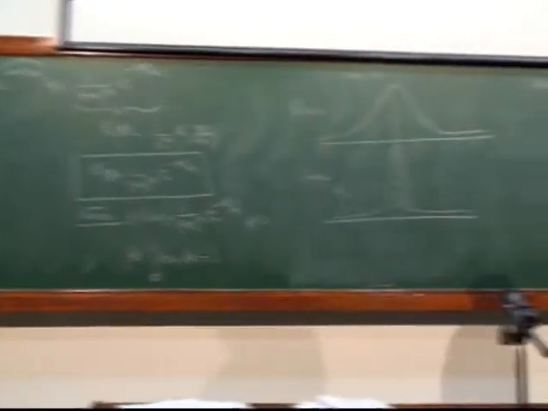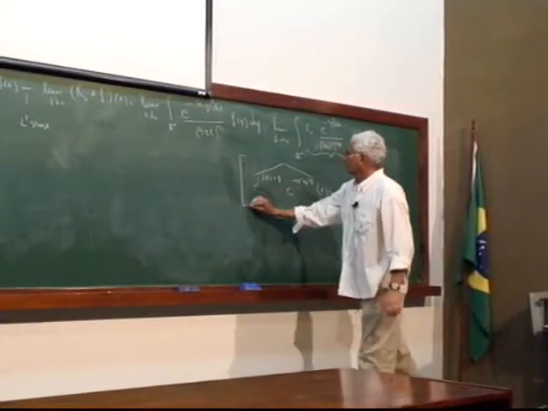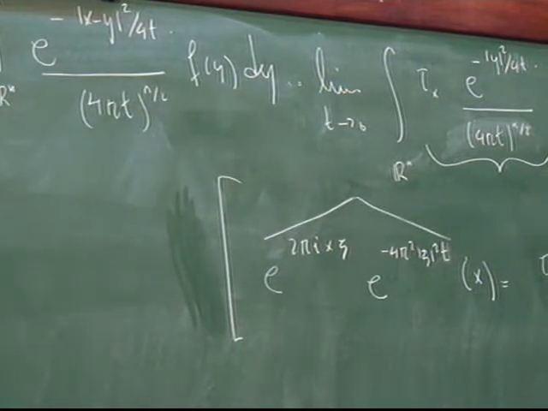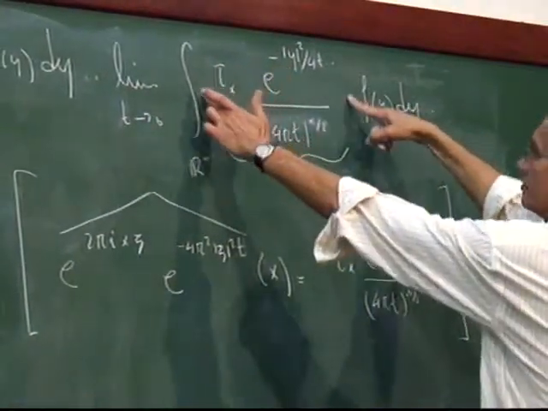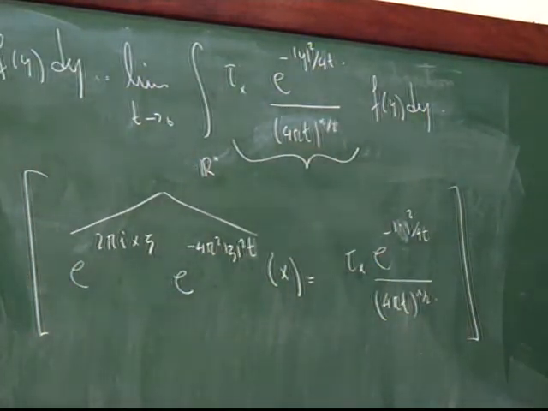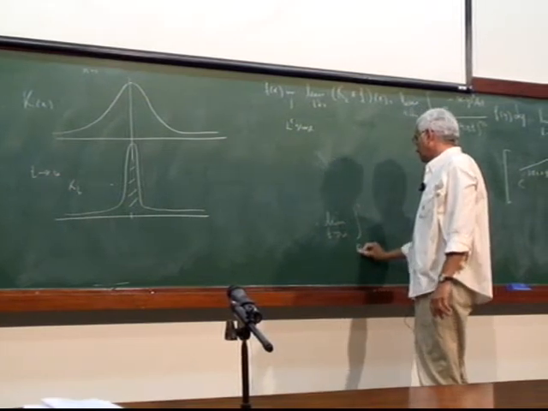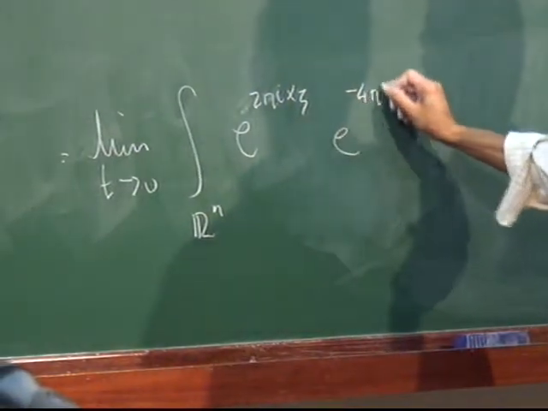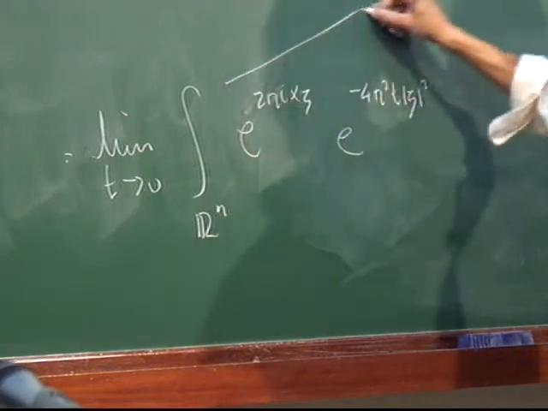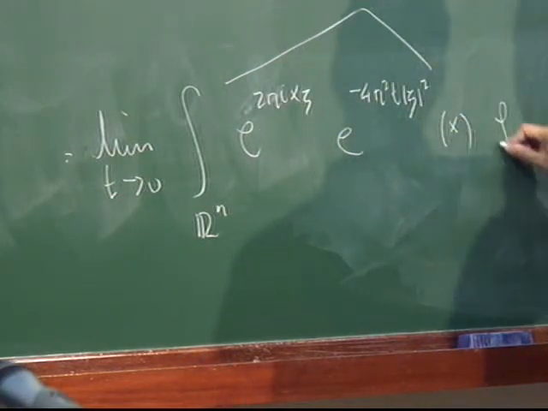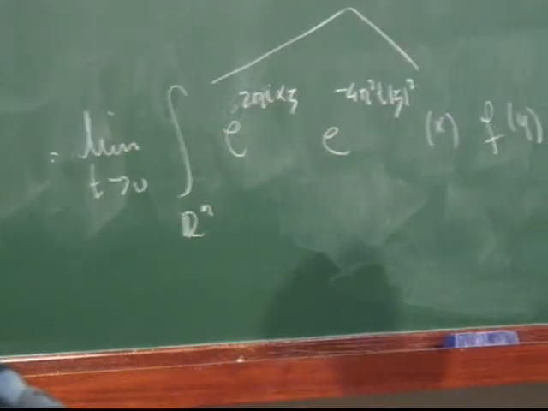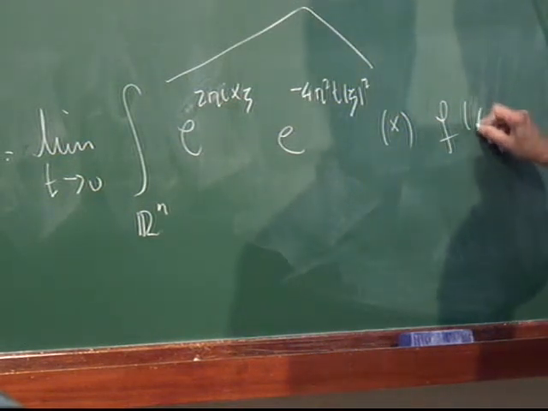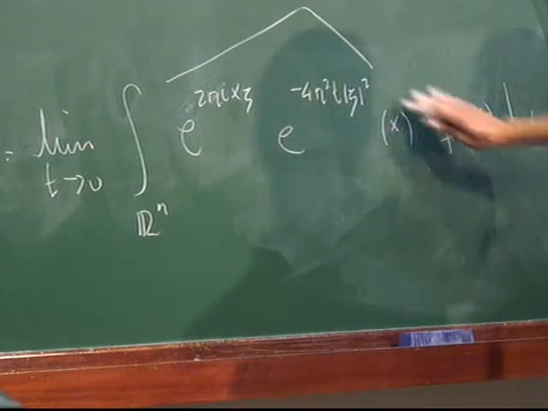Then if we use this property of the translation, and this identity that we have here, we have that this is a hat. Therefore, this is the limit when t goes to 0 of this quantity, exponential of 2 pi i x xi, exponential of minus 4 pi squared t squared, Fourier transform of f as a function of x. I have to be careful because this is going to be a function of x, I have to put y, dx.